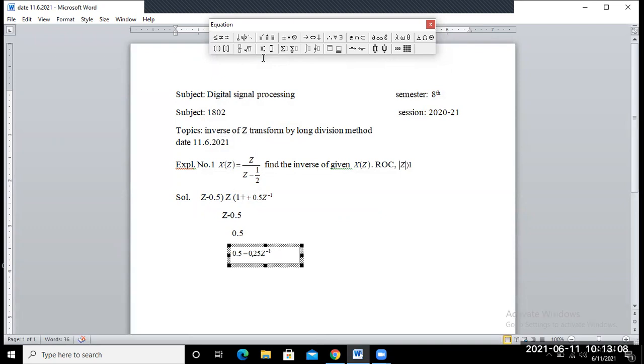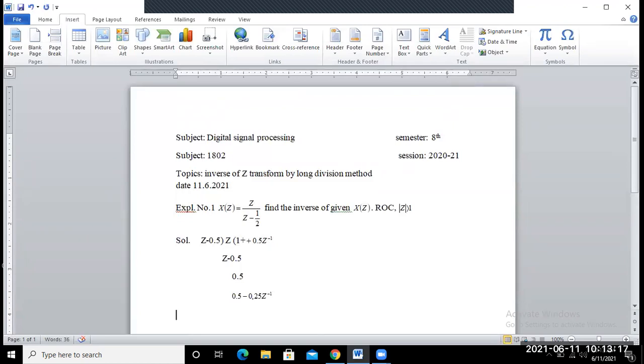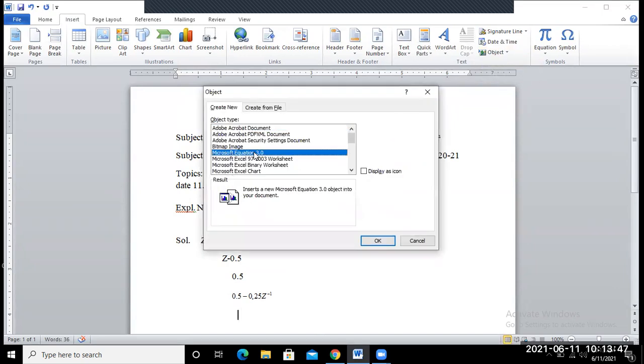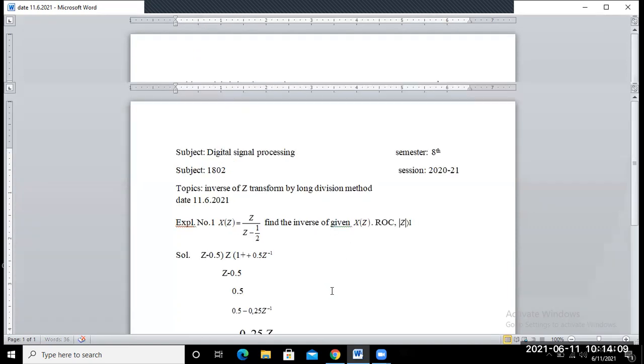So this 0.5 and minus 0.5 cancel each other, and if you subtract, this becomes plus 0.25 z inverse.